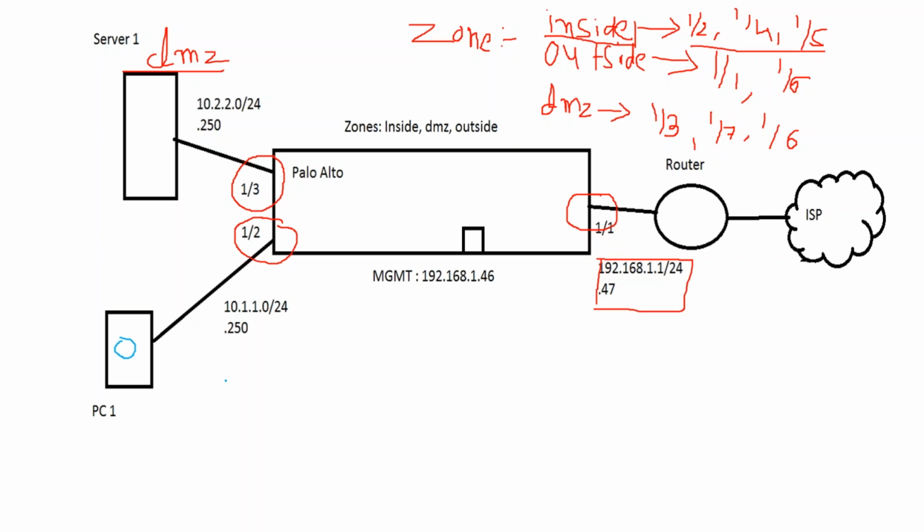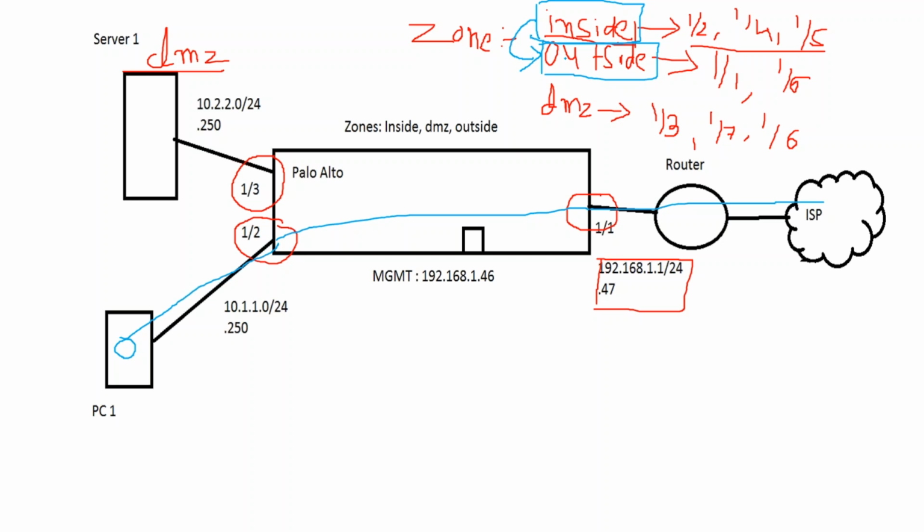So which zone is this user one included in? Inside. And he wants to connect to the internet resources, so which zone does he want to connect to? Outside, this one, right? So from 1/2 it will go to 1/1 and to the ISP.